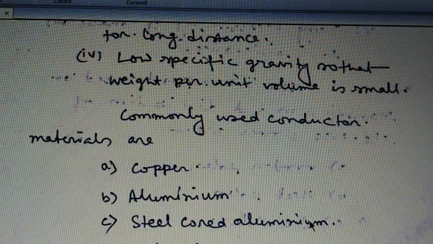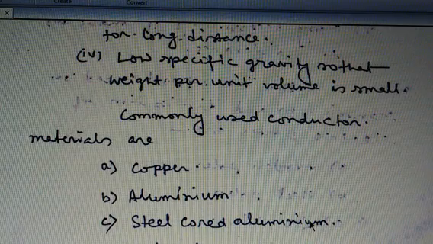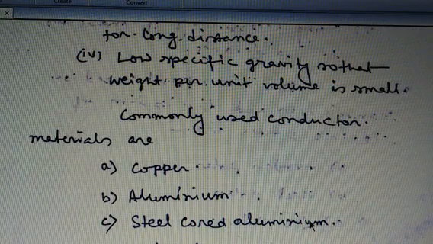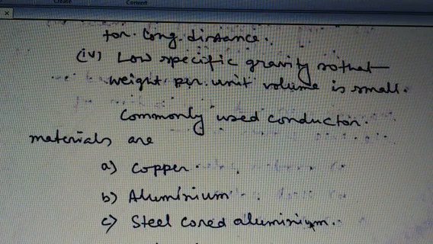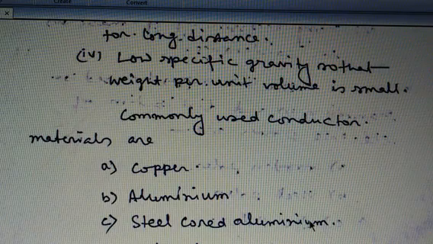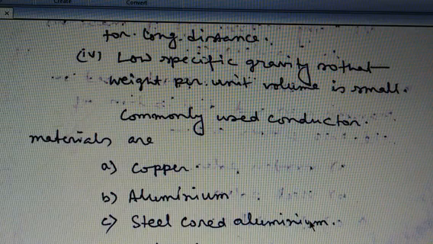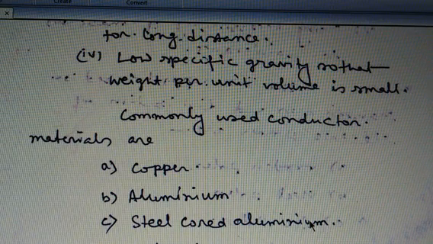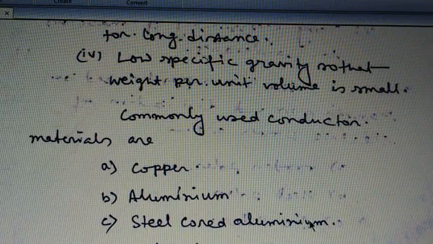So here in this ACSR conductor, the outer side is designed with aluminium, and we know the conductivity of aluminium is greater than steel. So aluminium is the current carrying conductor and steel gives the tensile strength of the system. There are some advantages of this system.